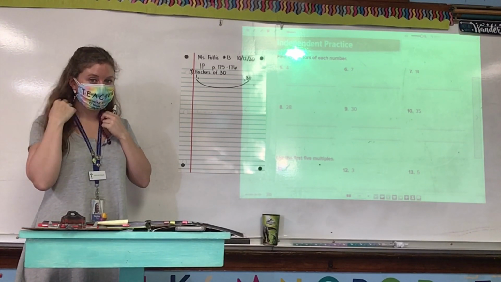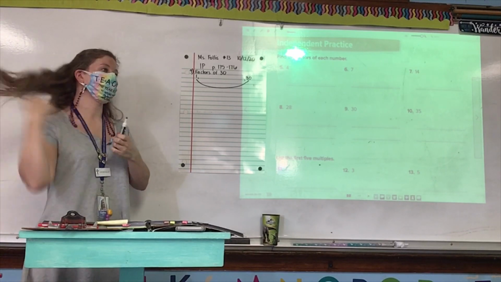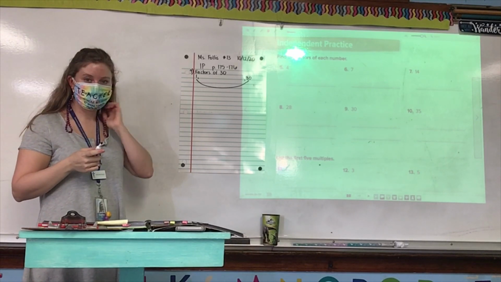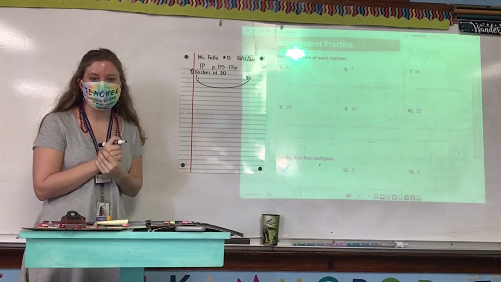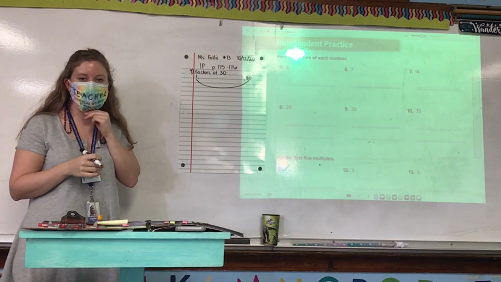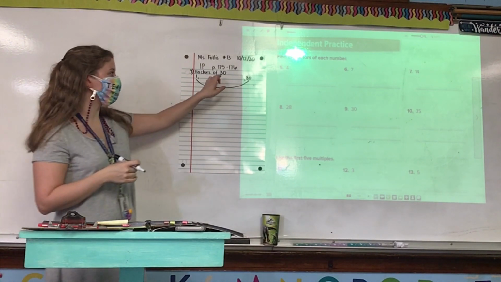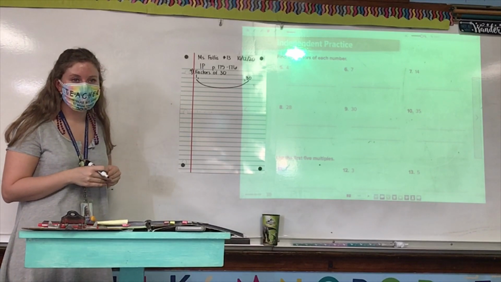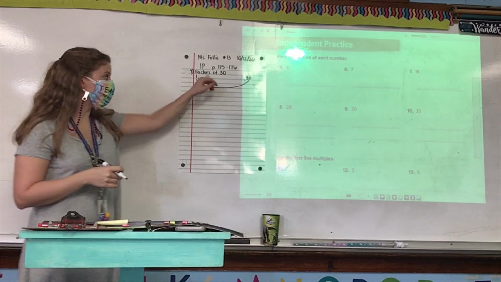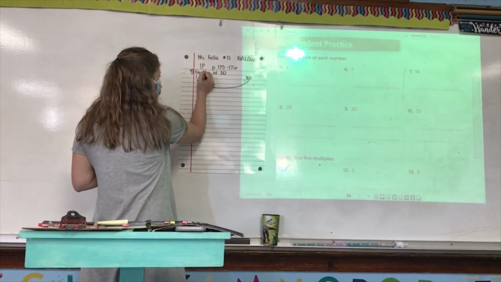Carla. We will look at the back of it and see if we see 0. Well, what type of number are we looking for? Even. An even number. So is 30 even or odd? Even. So is 2 a factor of 30? Yes.